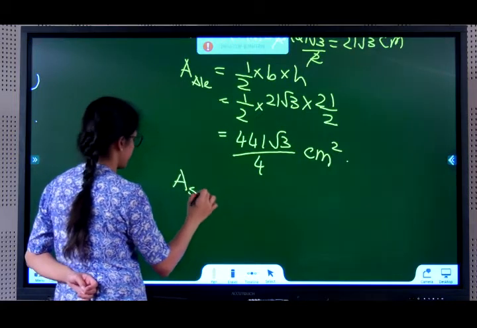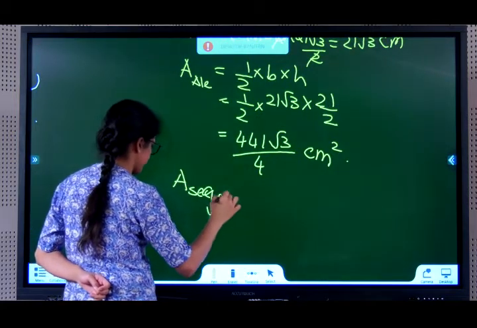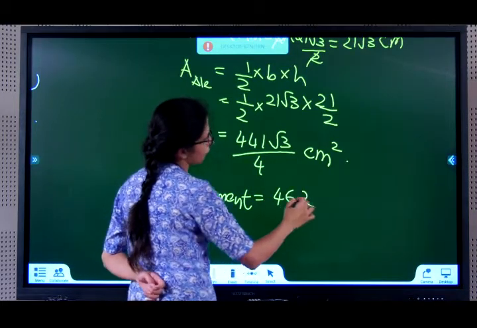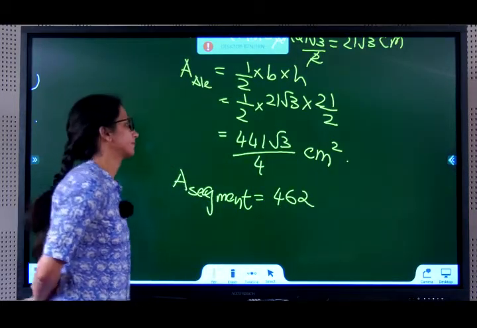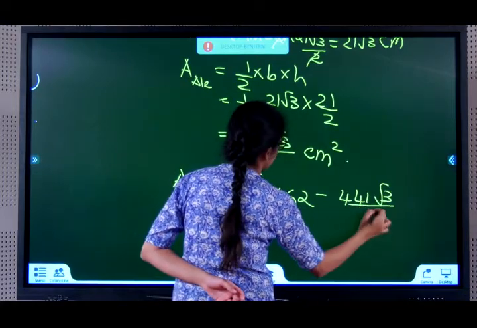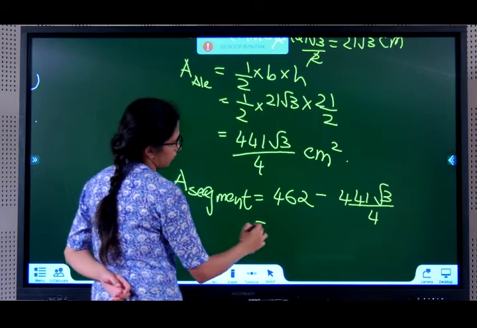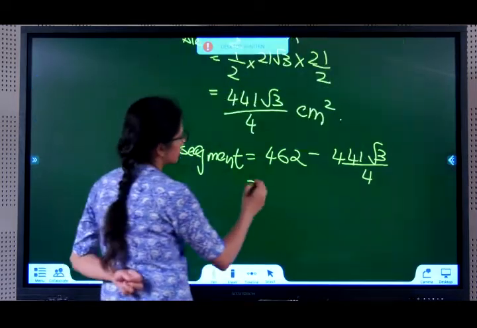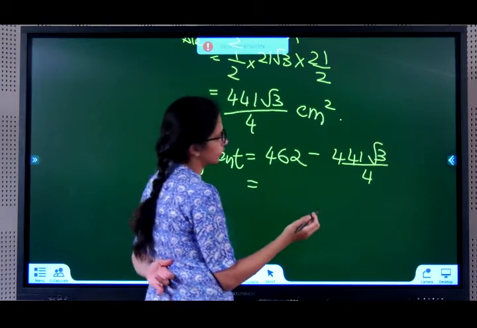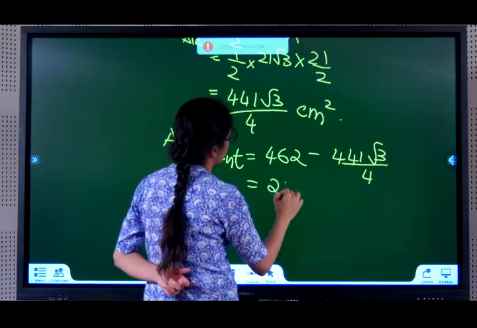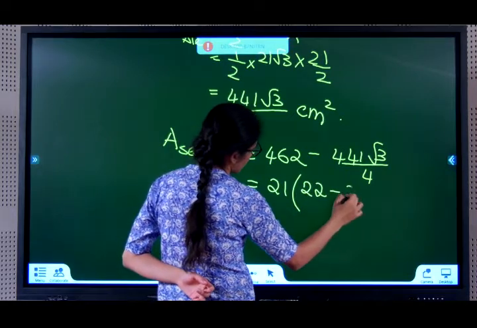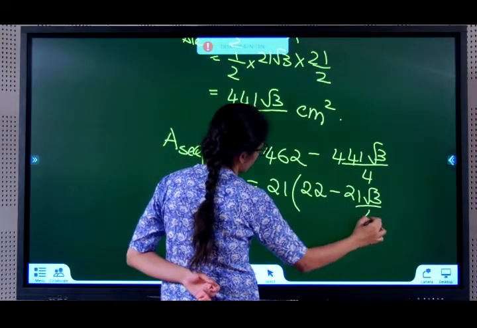We still have to find the area of the segment. Substitute area of sector minus area of triangle. You cannot solve this further; either take LCM and then solve, or take common. 21 is common over here, so you get 21 into 22 minus root 3 by 4.